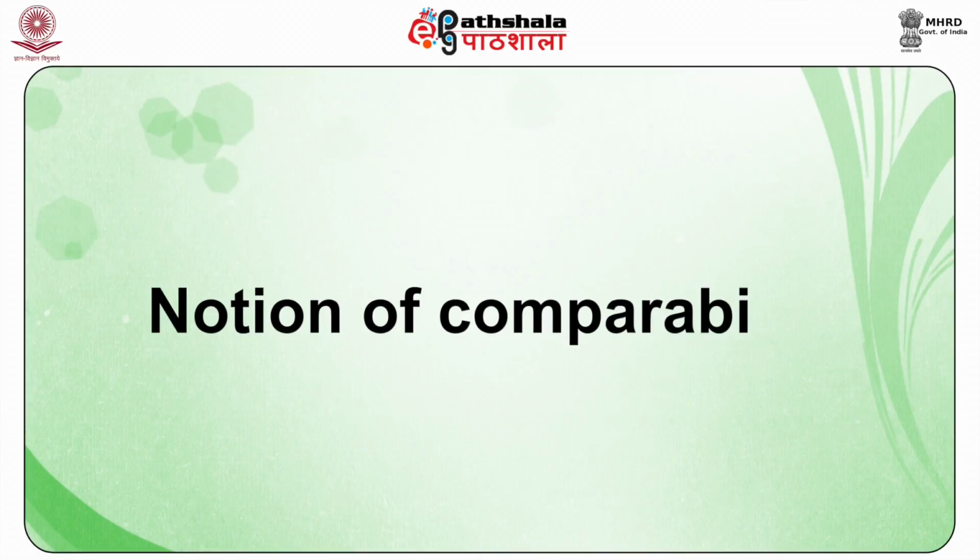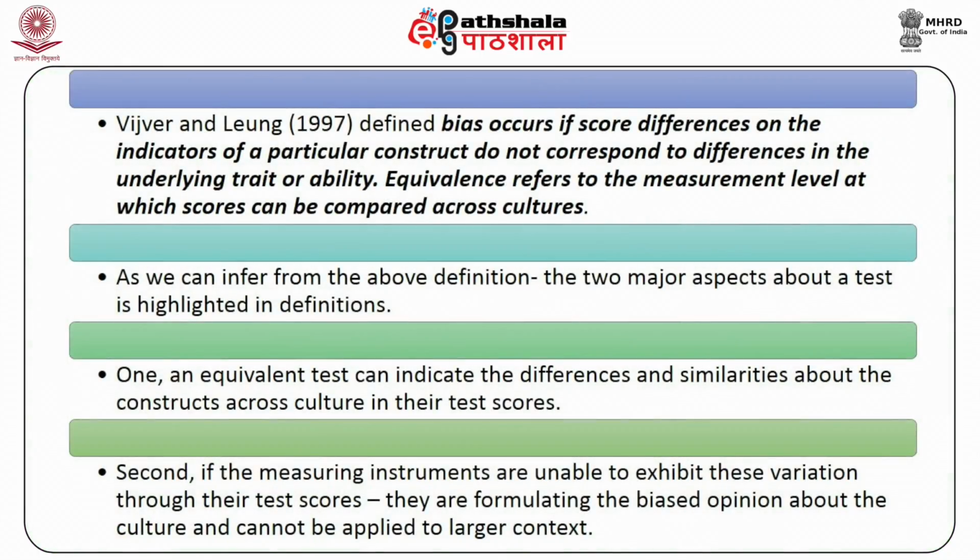Notion of comparability. Van de Vijver and Leung in 1997 defined bias as occurring if score differences on the indicators of a particular construct do not correspond to differences in the underlying trait or ability. Equivalence refers to the measurement level at which scores can be compared across cultures.